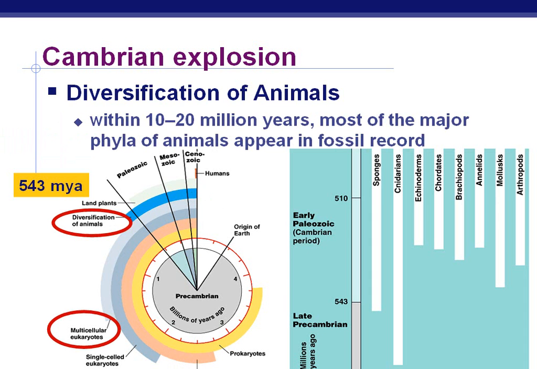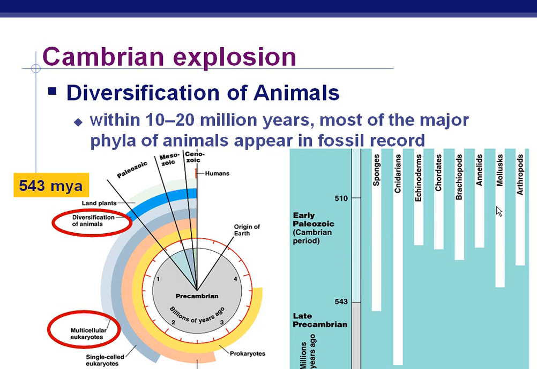Within 10 to 20 million years, which is such a short period of time in geologic time, most of the major phyla of animals appeared in the fossil record. What you see here is millions of years ago, the late Precambrian and then the early Paleozoic, or the Cambrian period. This is known as the Cambrian explosion.